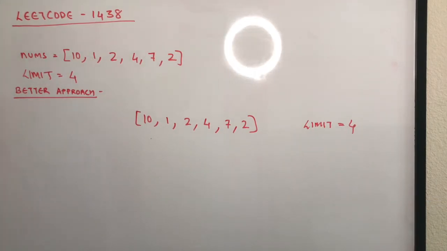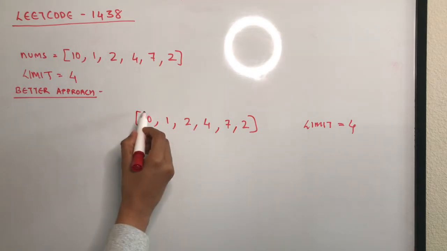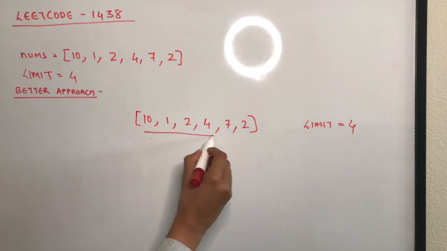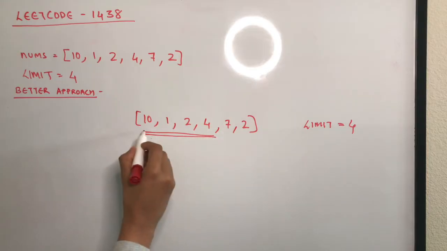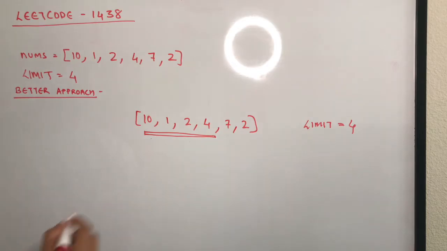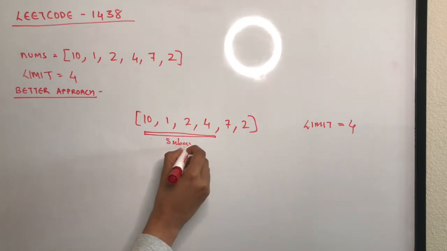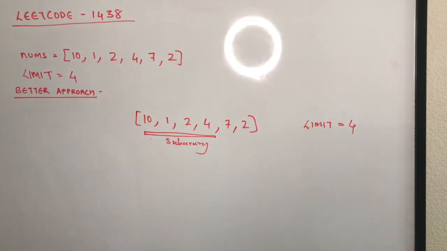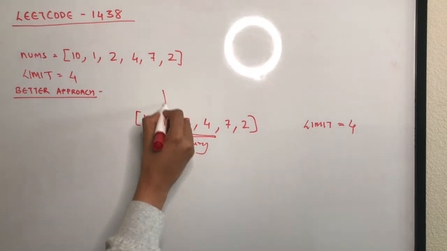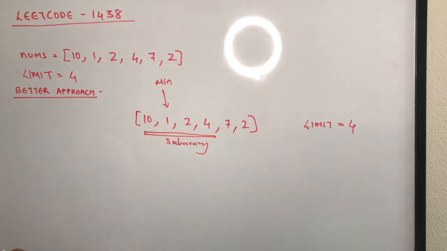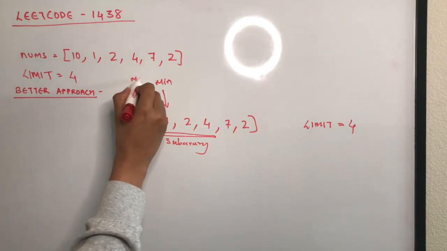Before we go to the better approach, I would like to point out one observation. For a particular subarray, let's take this as an example. To find out whether this subarray satisfies the limit constraint, all you have to do is find the minimum element in this subarray, which is this, and the maximum element, which is this.